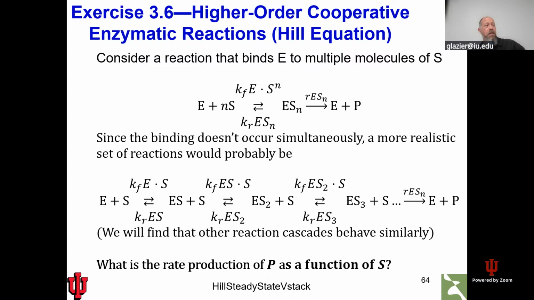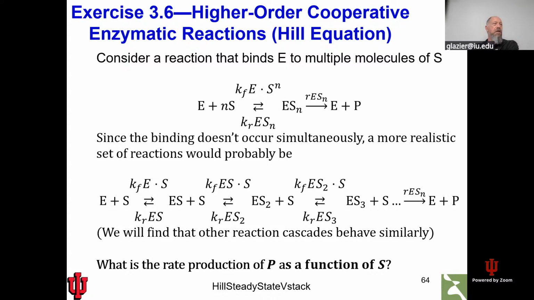And the question is, what is the rate of production of P as a function of S? And so to do this, you have to take the code that you just wrote, and you have to change precisely one line of your code, which is instead of E plus S goes to ES at a rate KF E times S, you have E plus NS goes to ES at a rate KF E times S to the N. And remember that in Antimony, unlike in Python, the exponentiation operator is the caret.